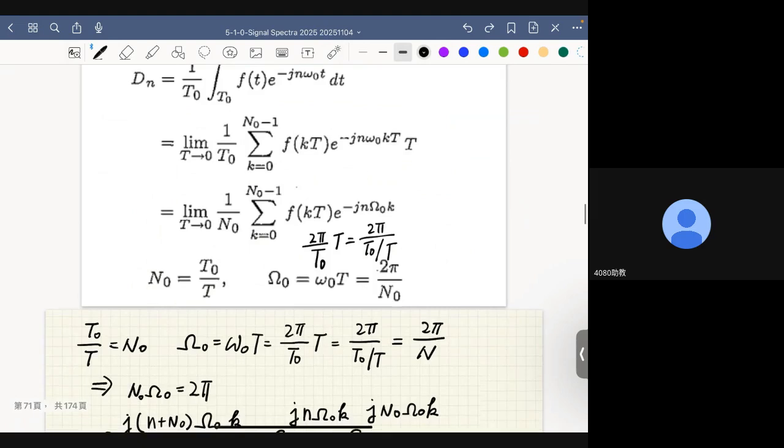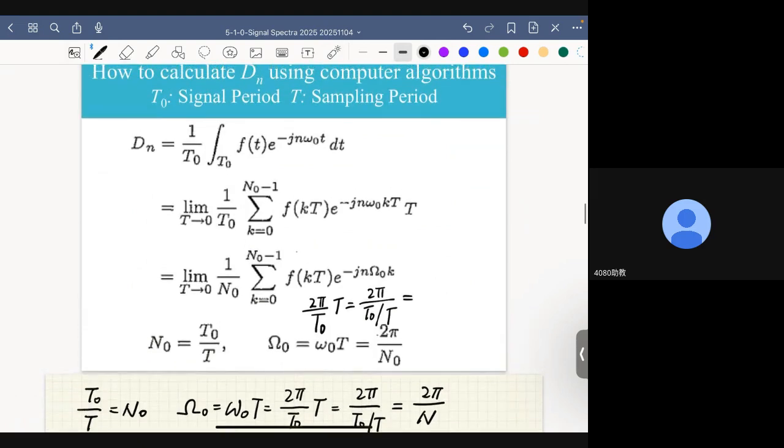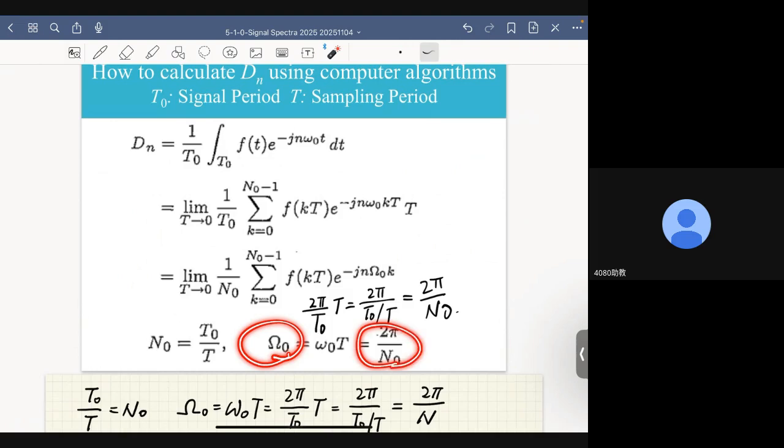So this becomes 2 pi over N0. So I know that capital omega 0 is 2 pi over N0, okay?